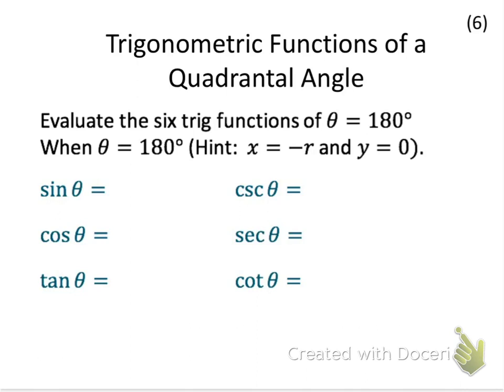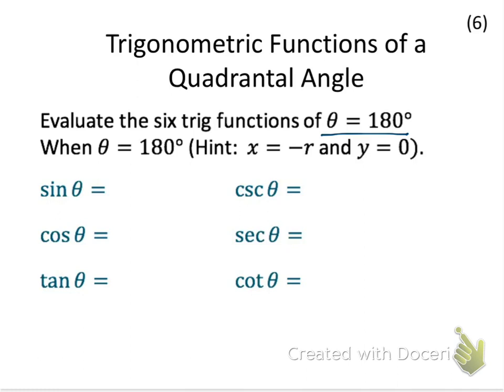So, for our trig functions of a quadrantal angle, we are going to first find theta at 180 degrees. So, a couple of things. In our problem number 2, we listed the 6 trig functions of an angle in terms of r, x, and y. We're going to be using those same exact things.